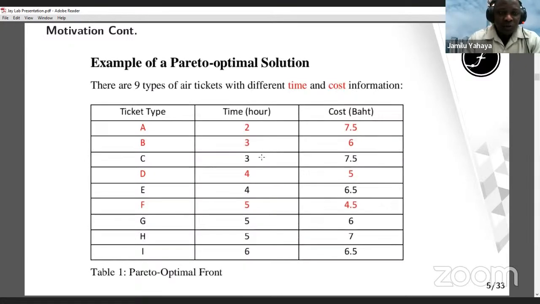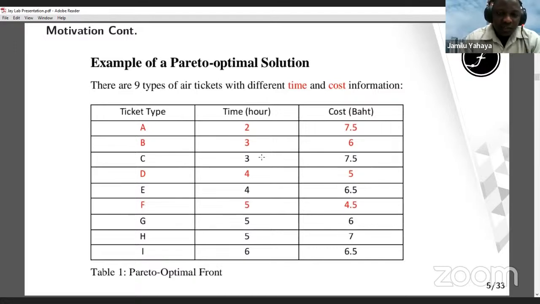For this particular example of Pareto optimal solution, we are going to consider 9 types of air tickets with different time and cost. In this air ticket type, the first objective function is time and the second one is cost.